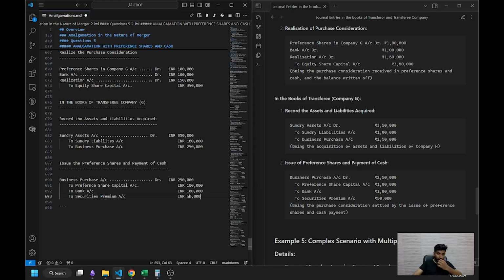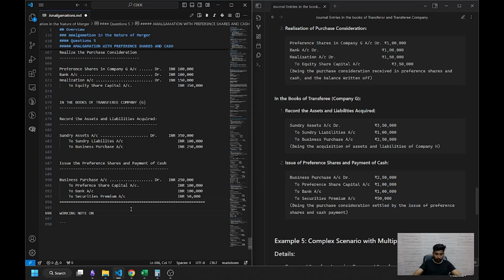Now again, this securities premium is not the balancing figure. It has to be calculated. Working note on calculation of securities premium.